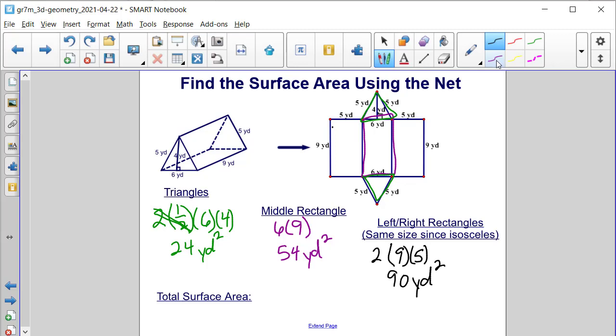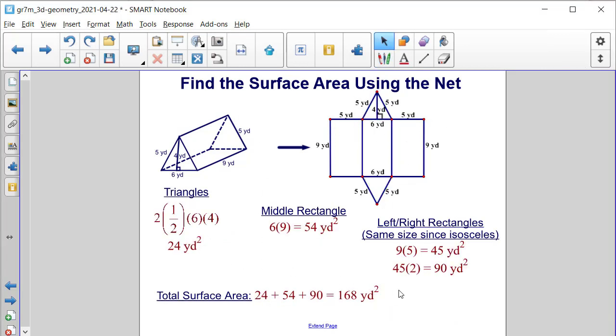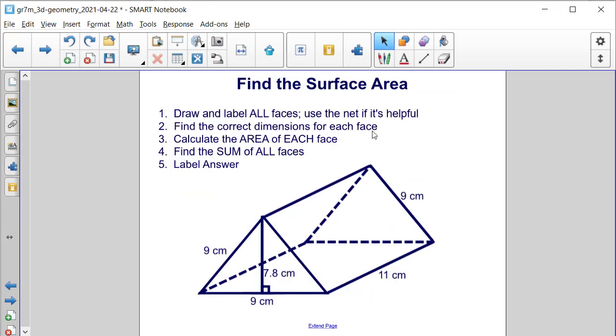And then if we add all of these values up, the total surface area will be 24 plus 54 plus 90, which equals 78 and 90, which is 168 square yards. So we still get the same answer even using the net. And this slide shows the solution to the problem, and the surface area of this triangular prism is indeed 168 square yards.